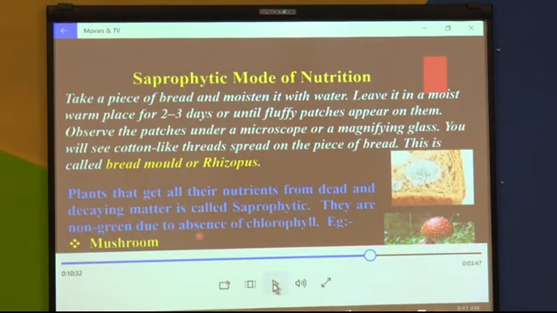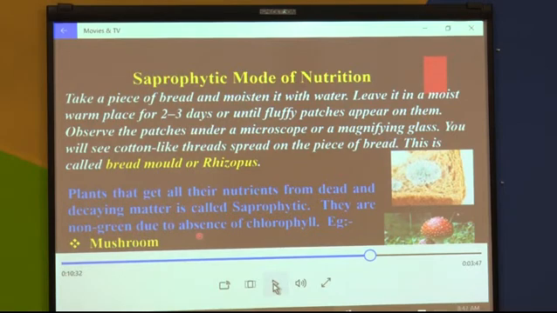So in saprophytic nutrition, plants get all their nutrients from dead and decaying matter. Anywhere there is dead or decaying matter of plants and animals, these types of plants can grow on it, and they do not have chlorophyll.